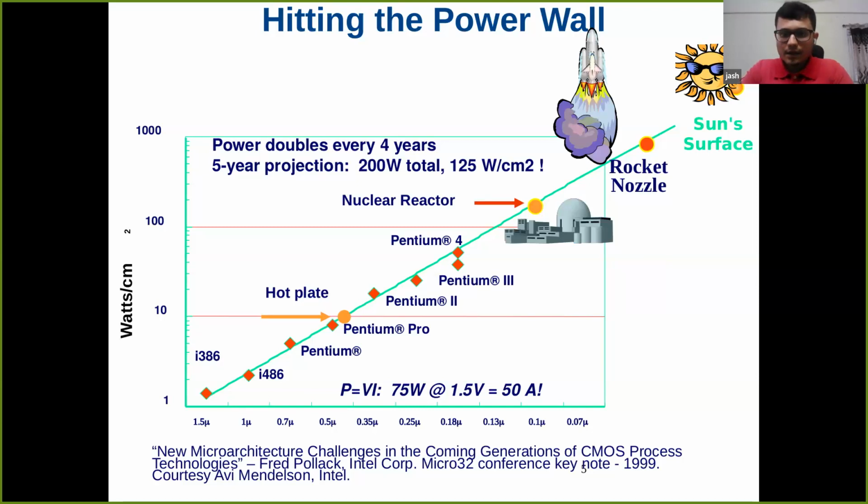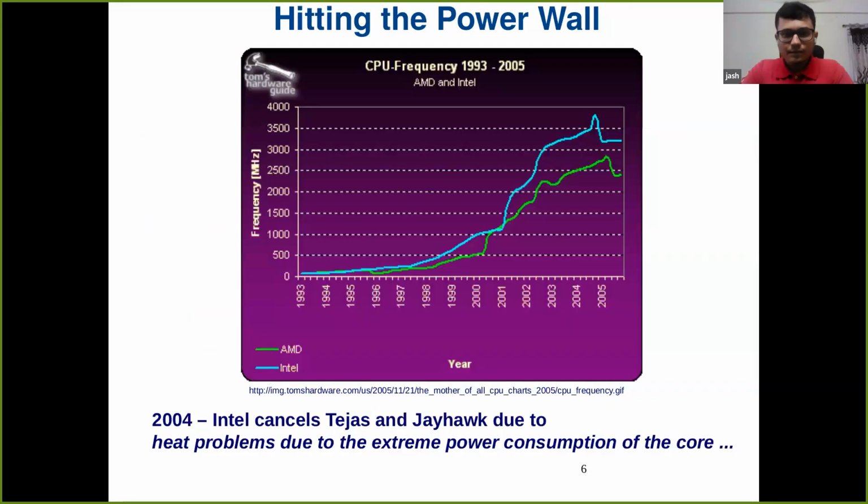I'm assuming that it is clear up to this point what the power problem is. Unless we have any questions, let us move ahead. As I said, the clock frequency, after the early 2000s, started tapering or hit a plateau, as you can see here. These are the clock frequencies of Intel and AMD CPUs.